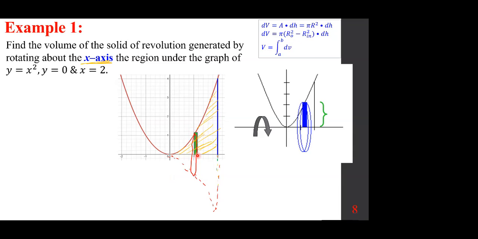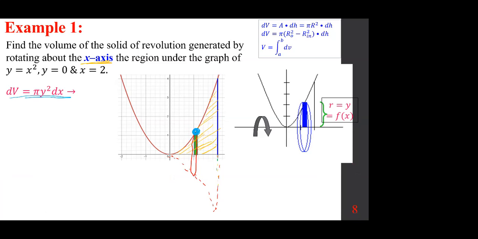So this is r, which is the y coordinate, or f of x. So class, this point has coordinates x and y, and r is the y coordinate of this point. So dV is pi y squared dx. This is an increment of a volume.